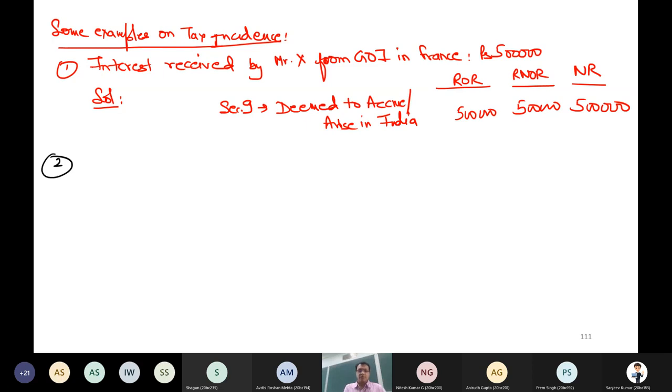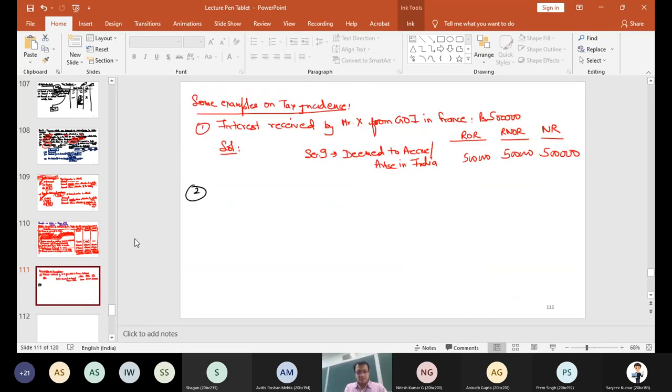You take the screenshot of this point also. Let me share one more example from my book, a small example. And then we will only discuss about the taxability. It is example number 13, page number 2.25.